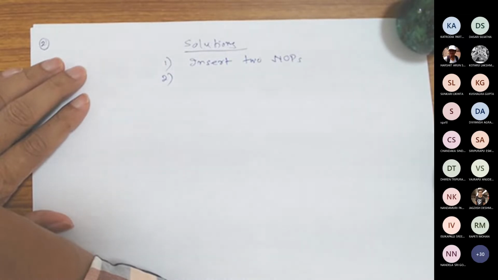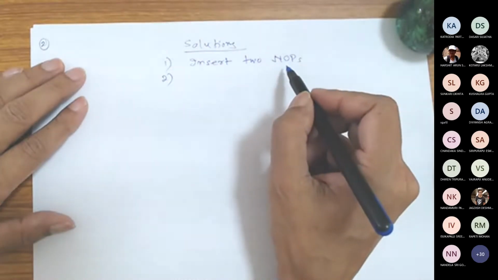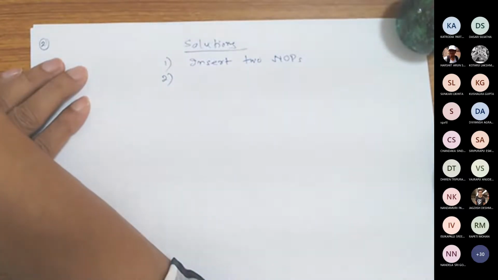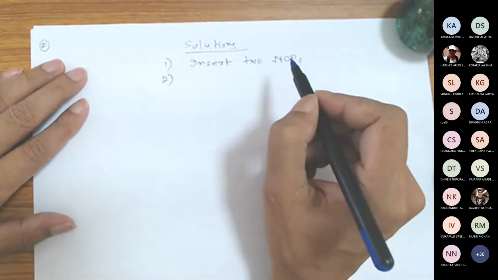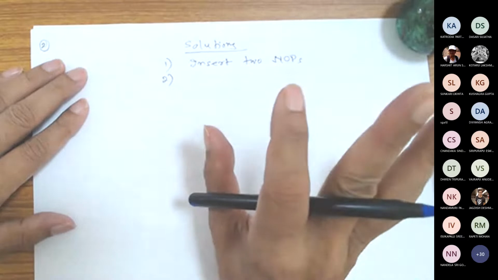So what if we think about further improving, because inserting NOPs is basically a wastage of clock cycles. If you insert NOP, it will essentially stop the wrong results, that I agree.